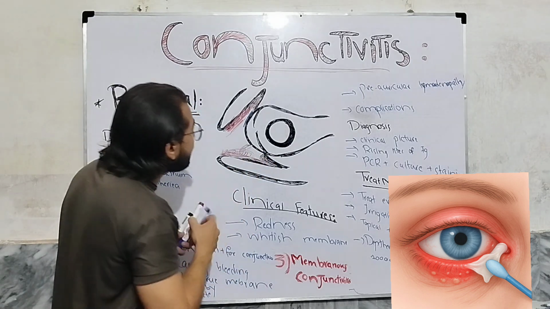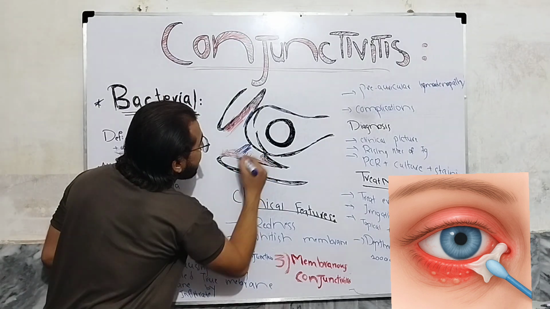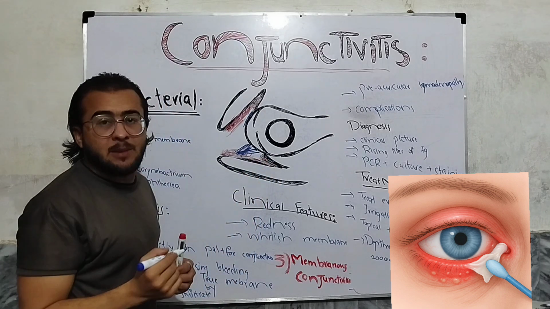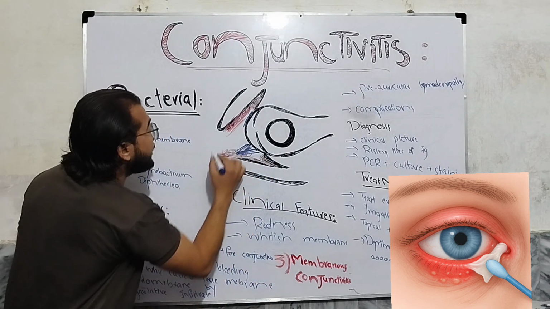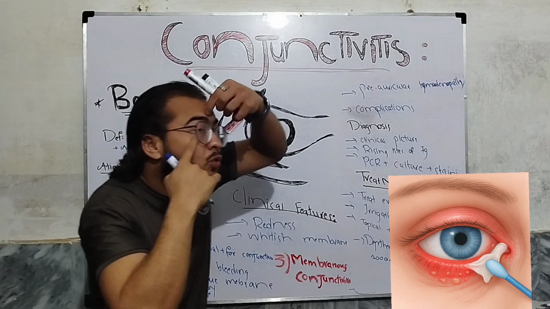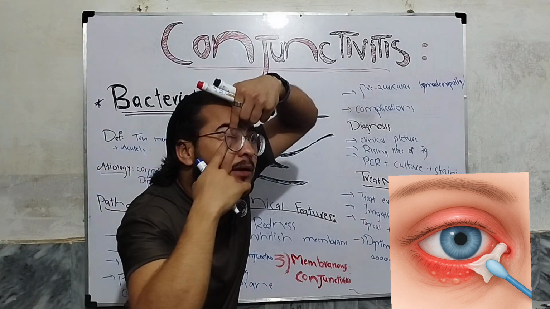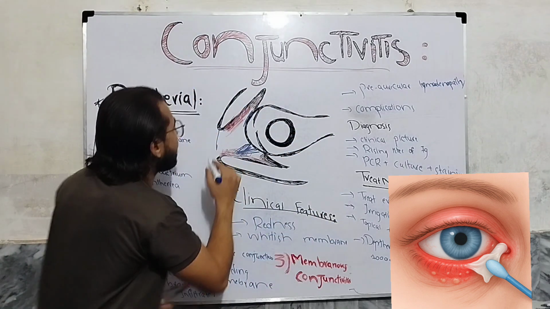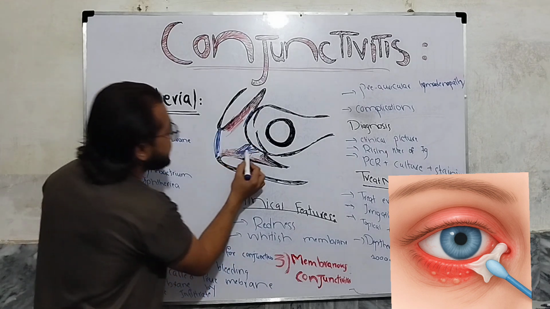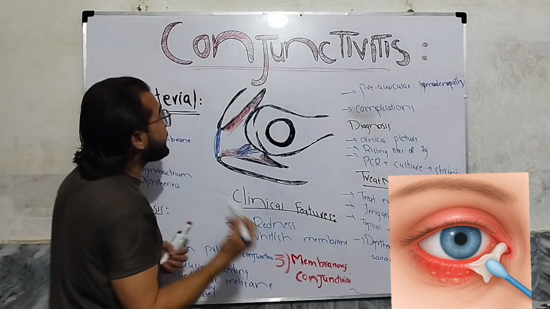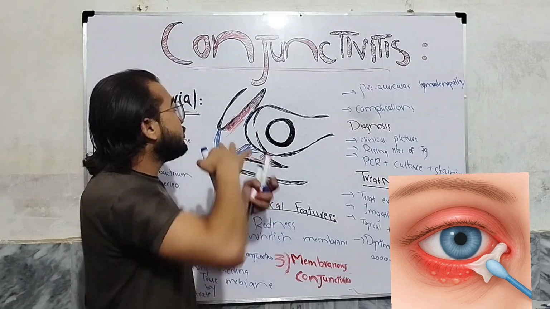Ankyloblepharon is when the two eyelids stick together. So it can cause symblepharon and ankyloblepharon.